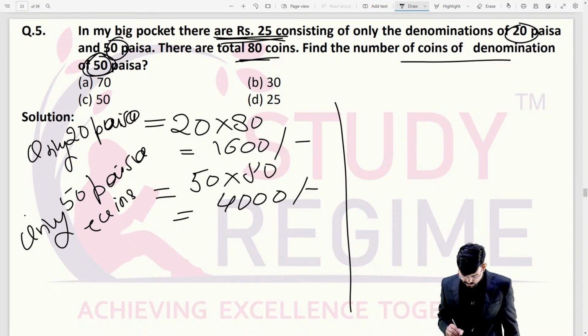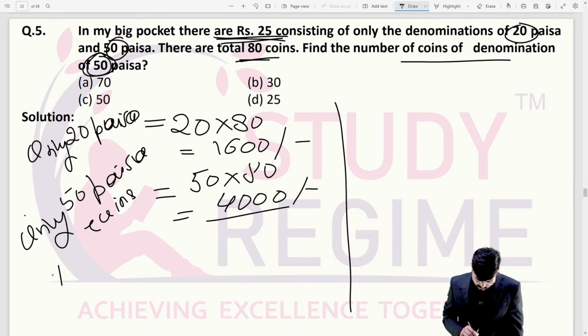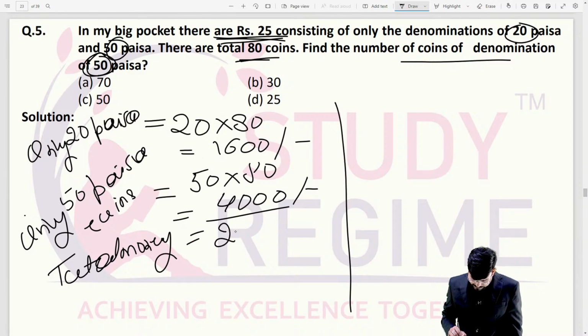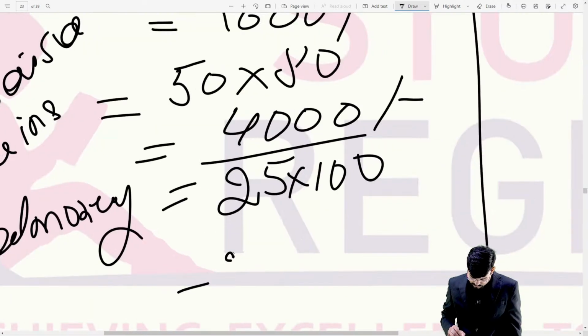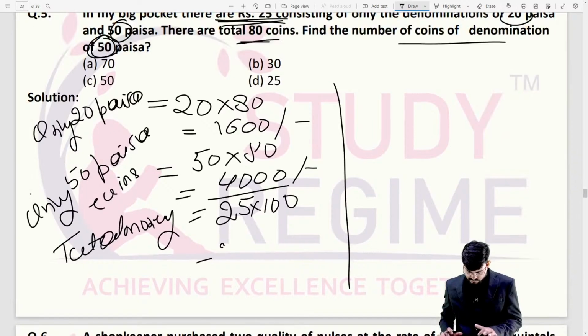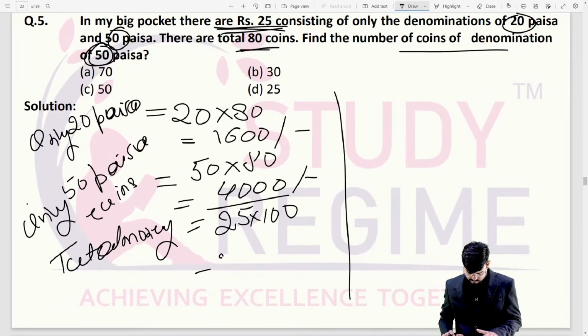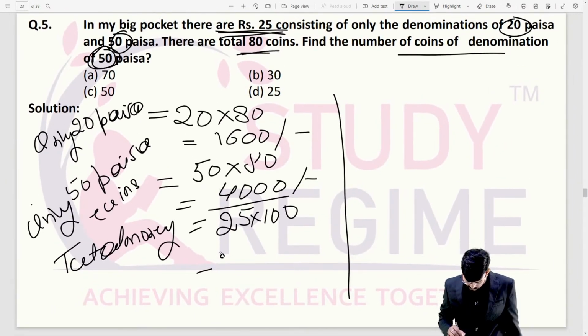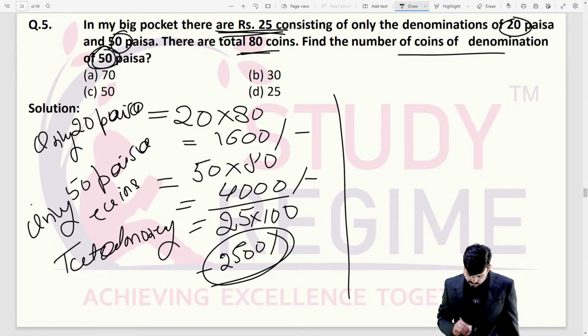So I got 4000. But the total money I have is 25 rupees, or I will convert it into paisa, we multiply with 100. So you will get 2500. So this is the scenario.